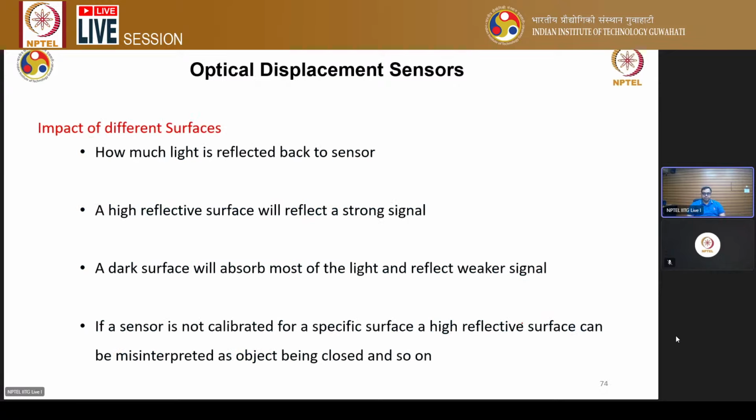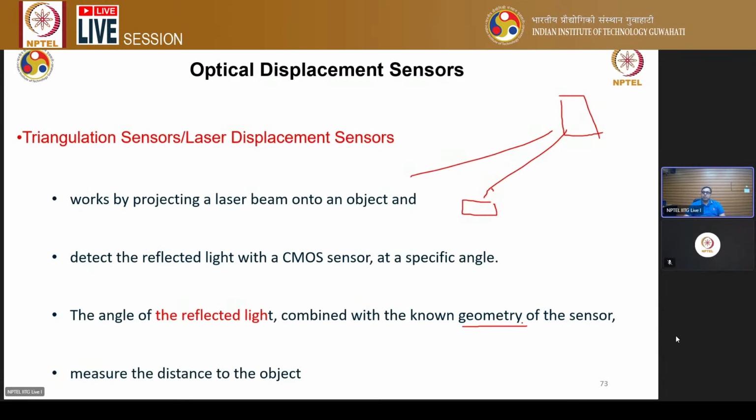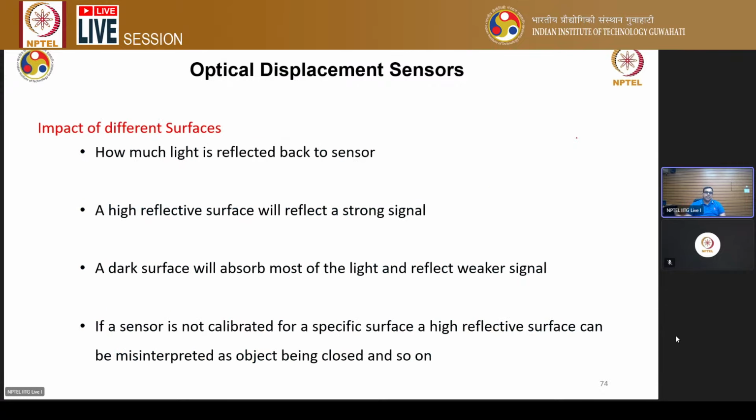Please note the term geometry of the sensor. The geometry will also include the surface roughness and other things in the object. So let's see the impact of different surfaces on it, which is how much light is reflected back to the sensor. A highly reflective surface will reflect a strong signal, and a dark surface will absorb most of the light and reflect a weaker signal.